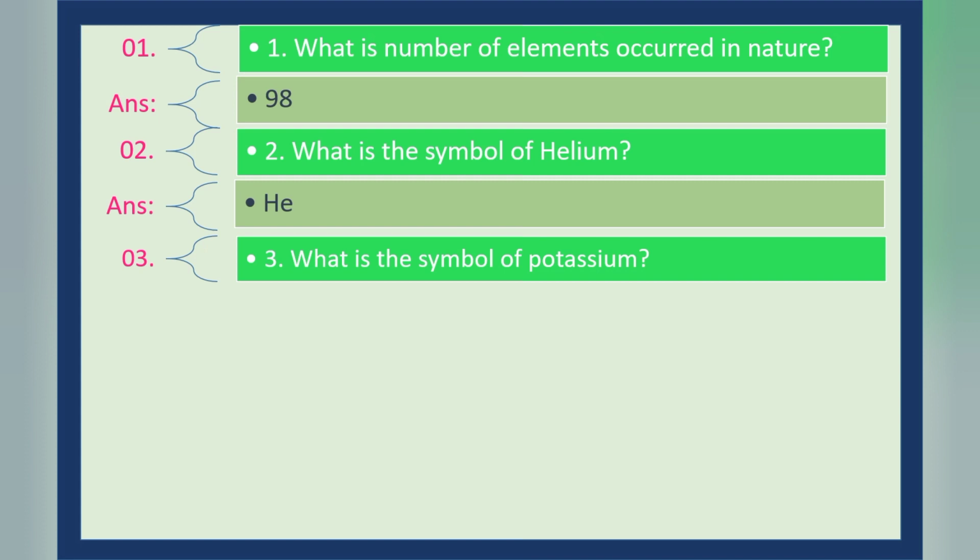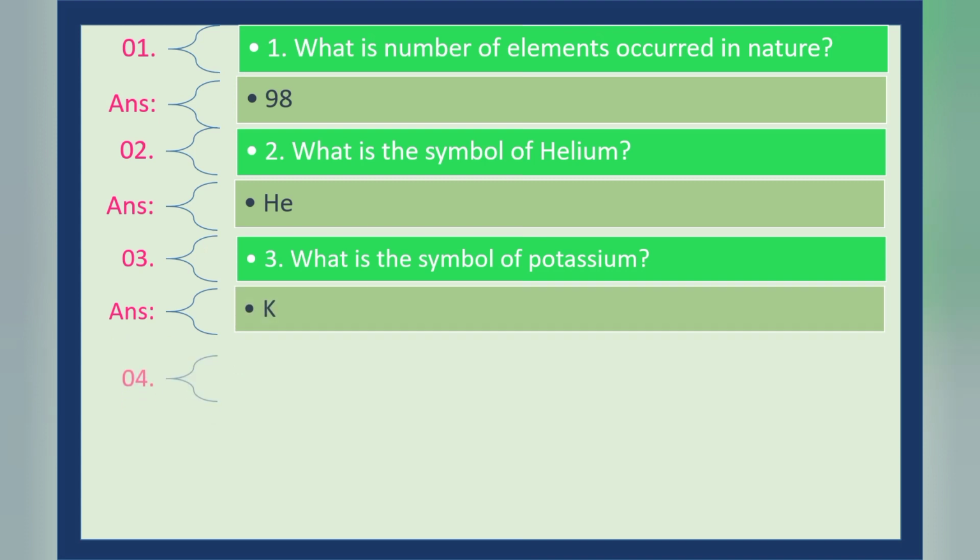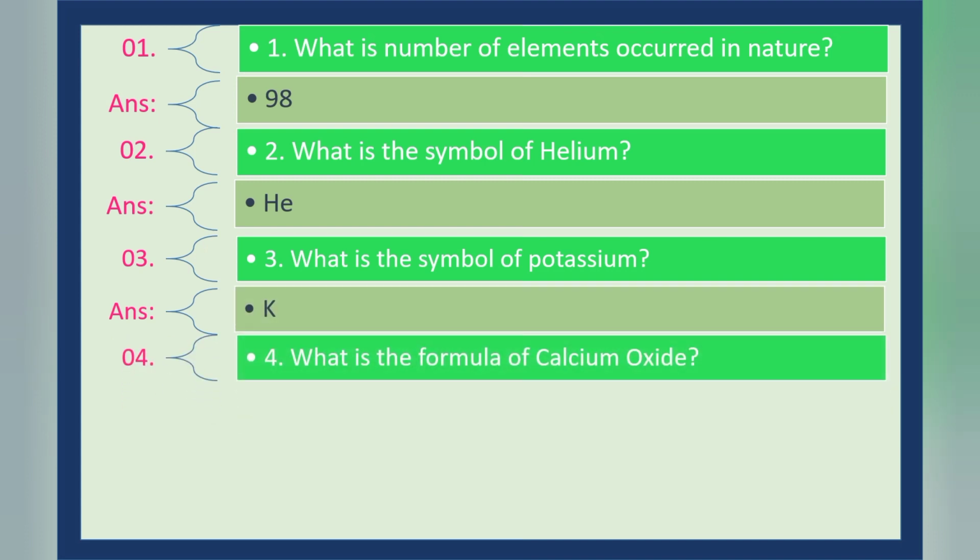Then what is the symbol of potassium? You know that potassium we express with the Latin word kalium, and from there we use K. Then what is the formula of calcium oxide?